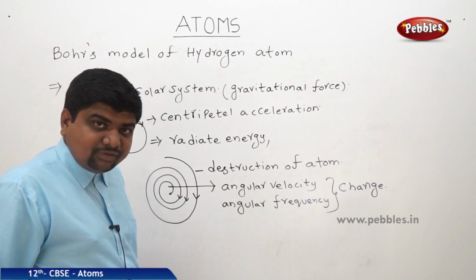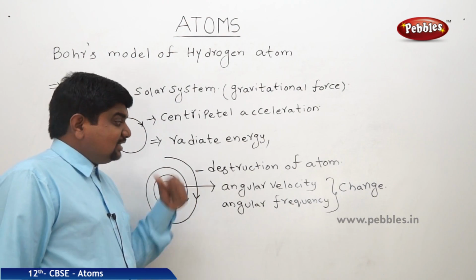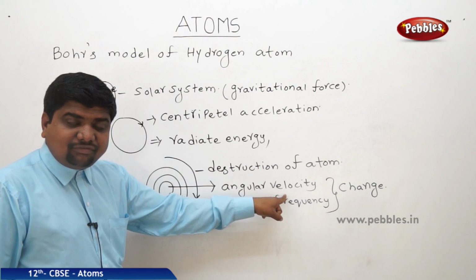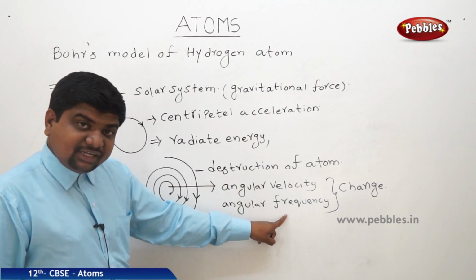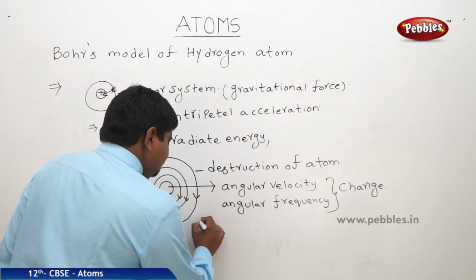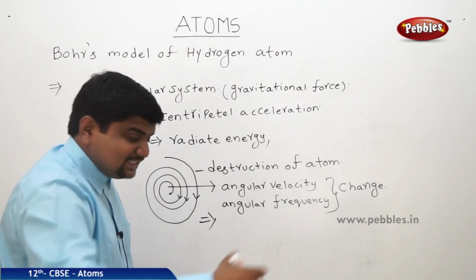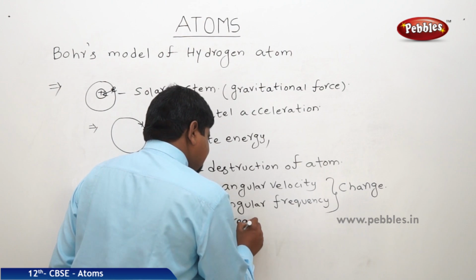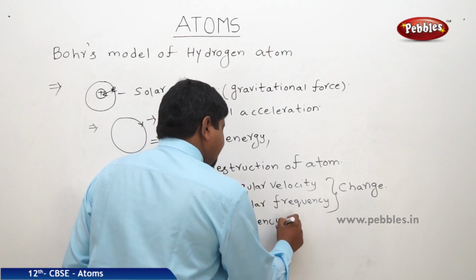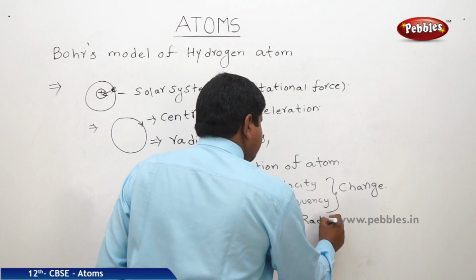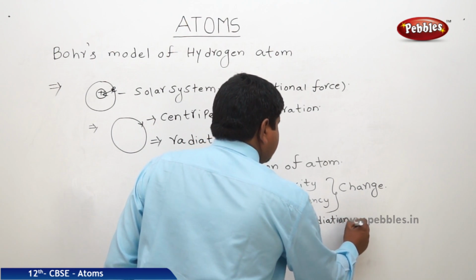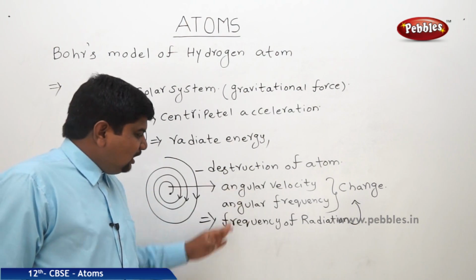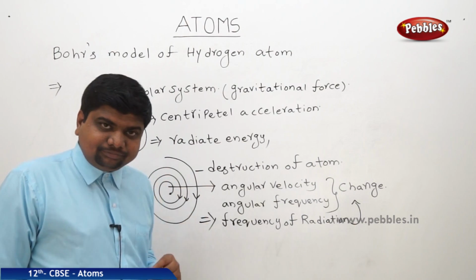This is very, very important. When it is approaching the nucleus, its energy will increase and its angular velocity will increase because it is under the influence of the positive charge. Its angular frequency will increase. Therefore, the frequency of the radiation emitted by the electron will also change. So these three are related to each other, and automatically these three will change.